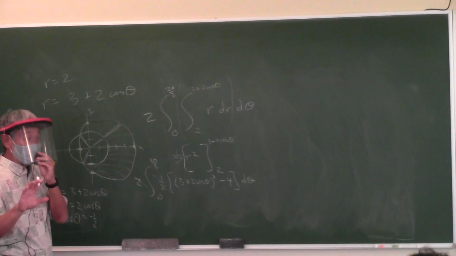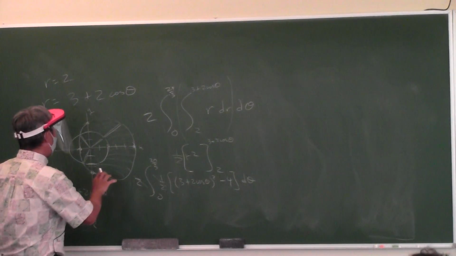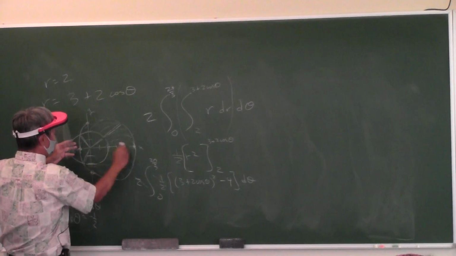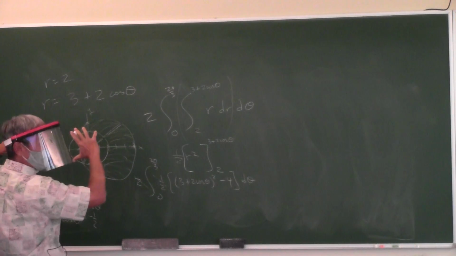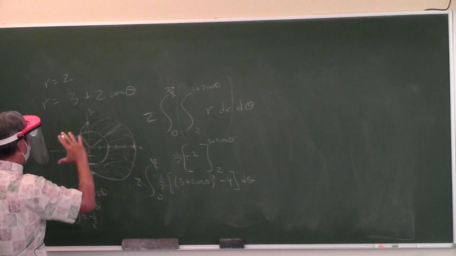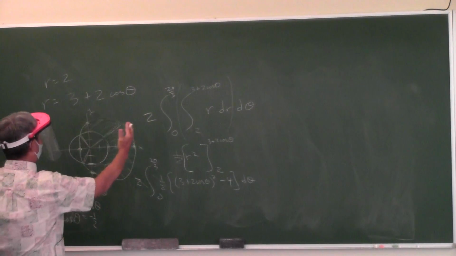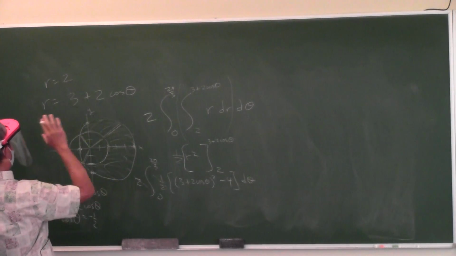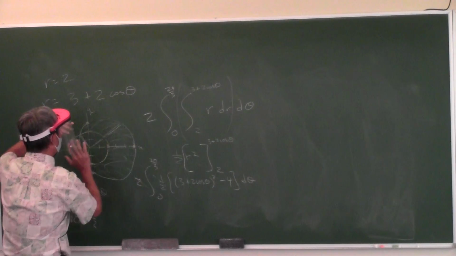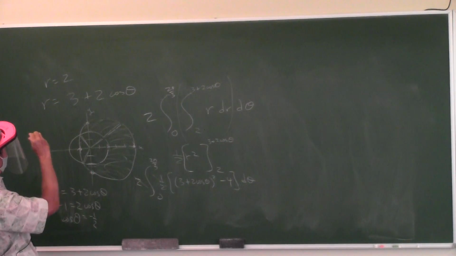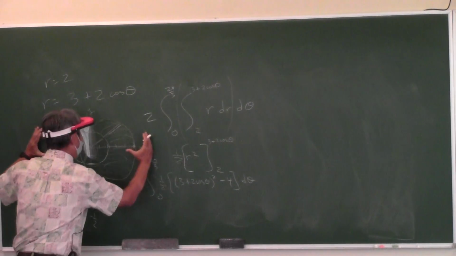Okay, but now, what would happen? We have our omega here. What would happen if you have a surface above it? How about a paraboloid like that? Think of a paraboloid centered about here, and it's going like that.